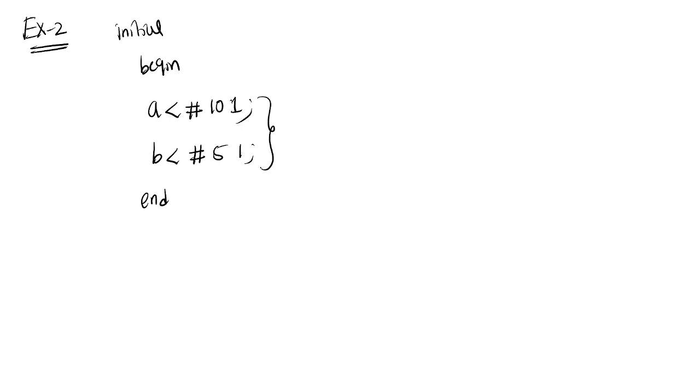So here, what happens when the B value becomes 1? The two are running parallelly, so B becomes 1.